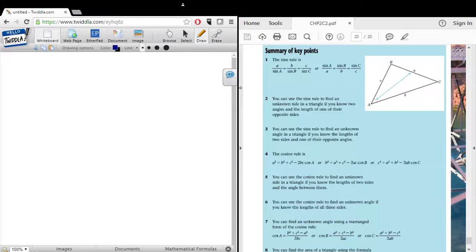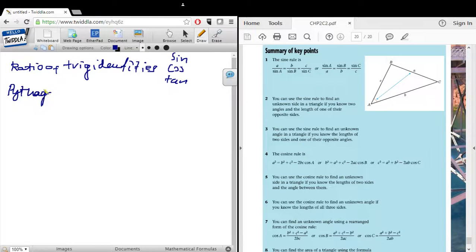Just to outline them for you to remember, we had the trig ratios and identities, the cos, the sine, the tan, and then we had Pythagoras, a squared plus b squared.